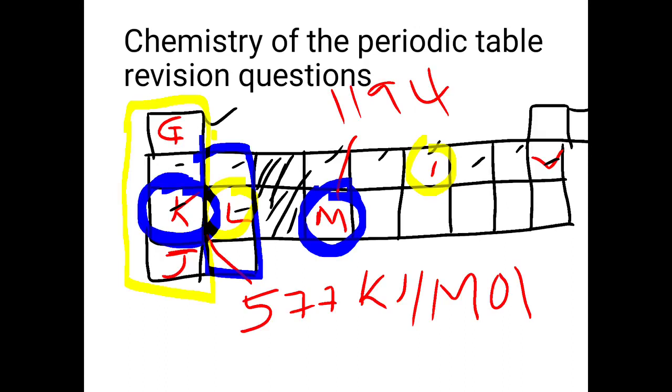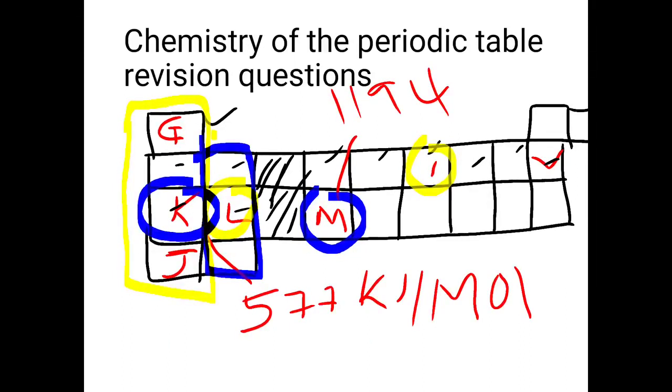As a result, K, the fact that K is in group 1, it has only one electron in the outermost energy level that is responsible for electrical conductivity, while M, because it is in group 3 of the periodic table, it has 3 electrons available for electrical conductivity. So the fact that M has more electrons available for electrical conductivity makes it a better conductor of electricity, and we can just conclude that M is a better conductor of electric current than K.